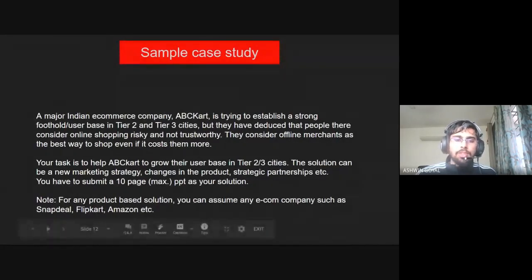You can come up with solutions through slides or maybe a Word document, anything. But slides is mostly recommended. It's usually mentioned, like in this particular case study, that you have to submit a 10-page PPT as your solution, right? So you will need to solve a case study very soon.